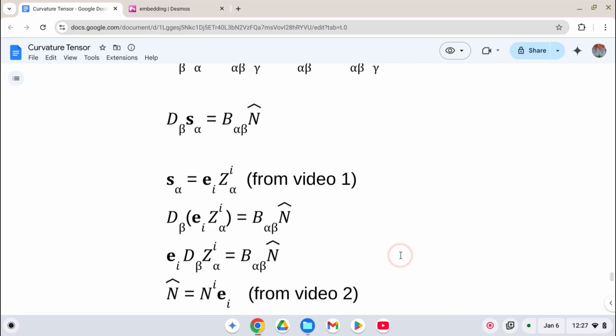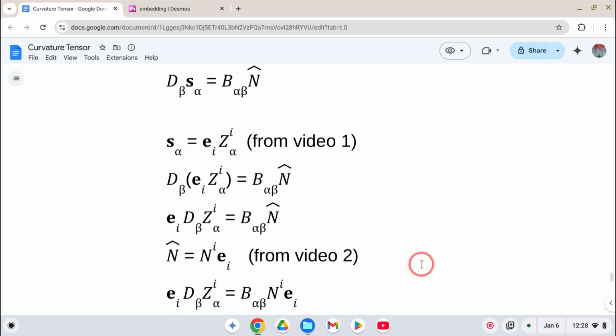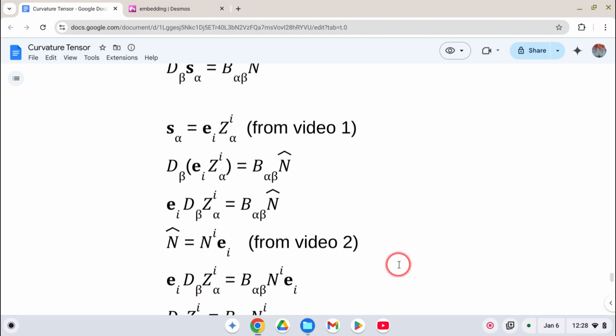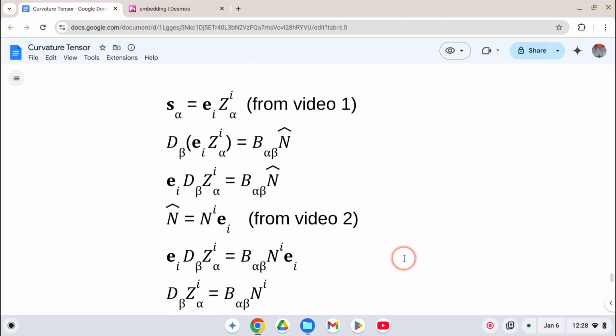Now, from video number 2, we found that the unit normal vector can be expressed as its components in the ambient space and the basis vectors in the ambient space, okay? So we can take this and put it right in here, and we get this expression. Now we can get rid of the E i's from both sides, and we got this.